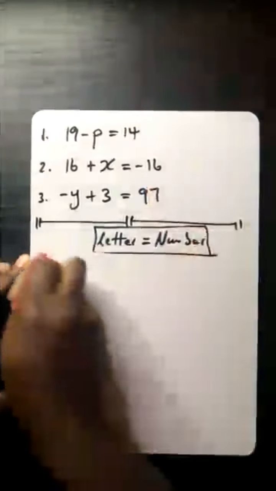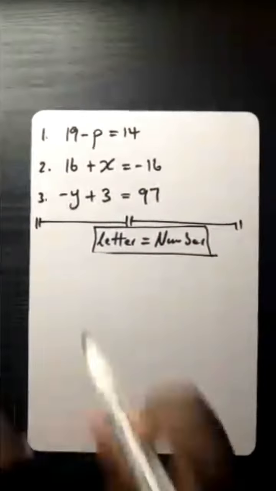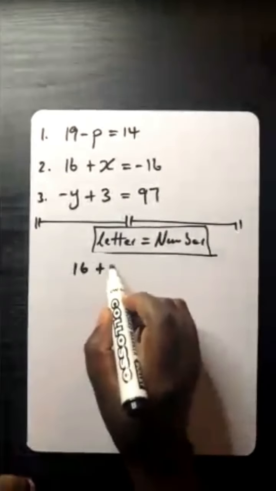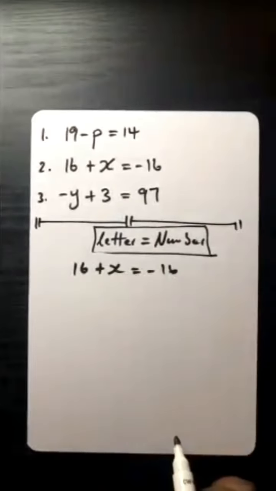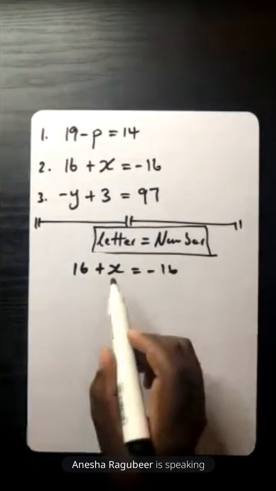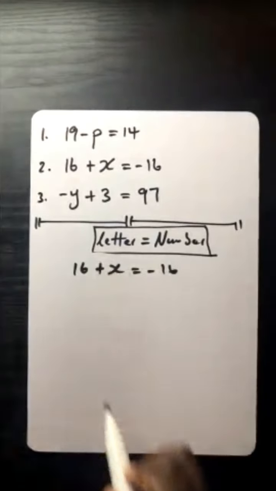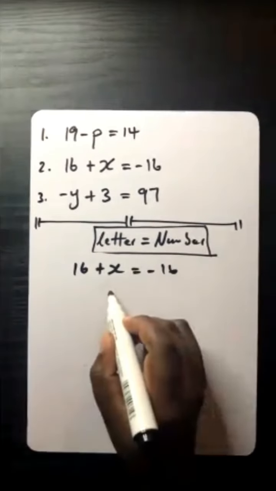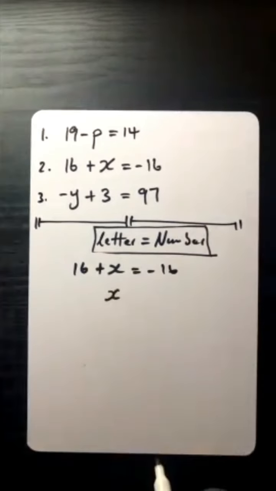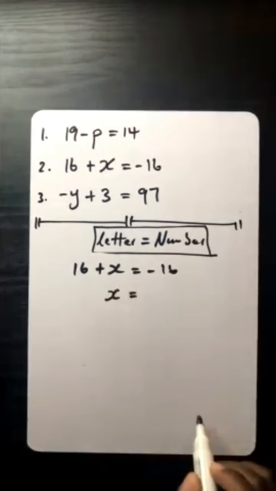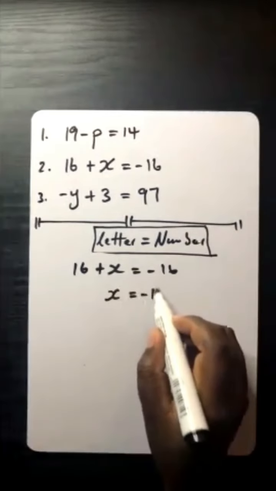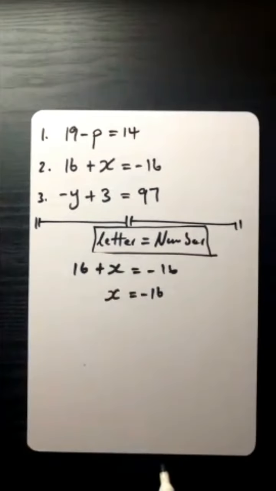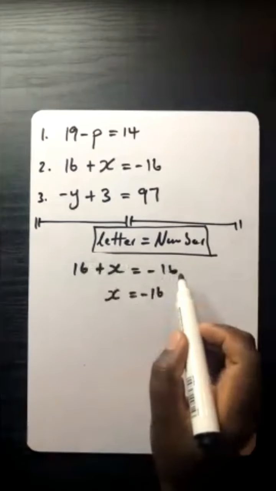So let's see, we've got 16 plus x equals negative 16. Obviously we want to remain with x on the left side of the equal sign. So we've got x equals, then on this side we've got negative 16. Then you can transpose.